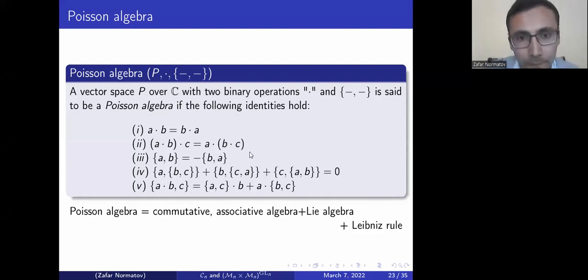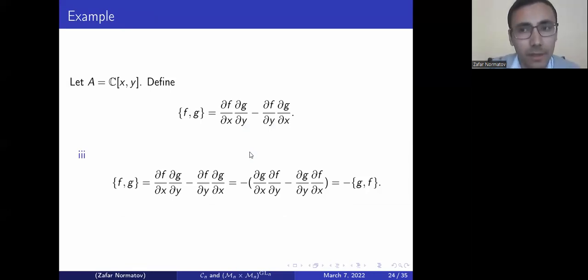Understood. Now we give an example. Let A be the algebra of polynomials in 2 variables. Then it is a commutative associative algebra if we define the Poisson bracket by this formula.